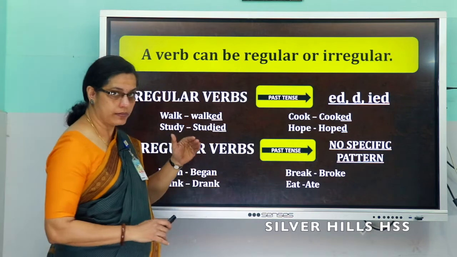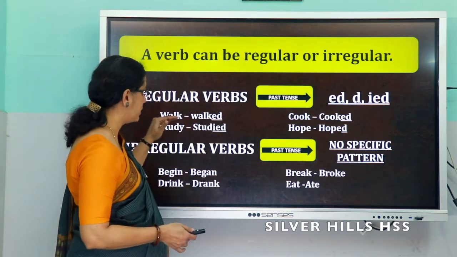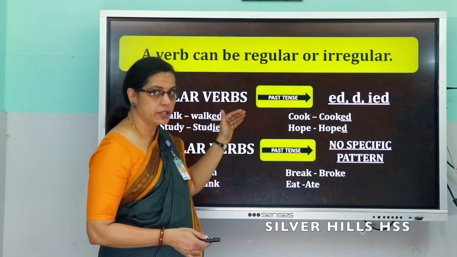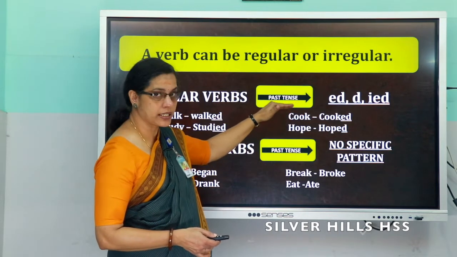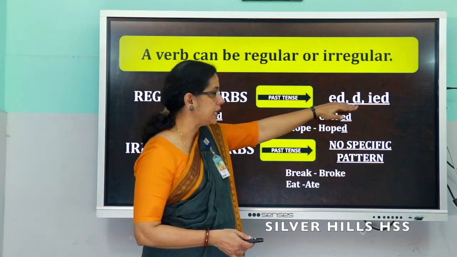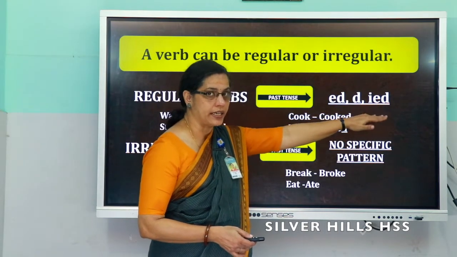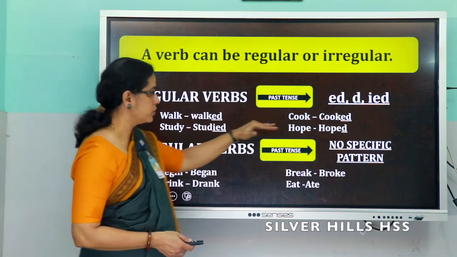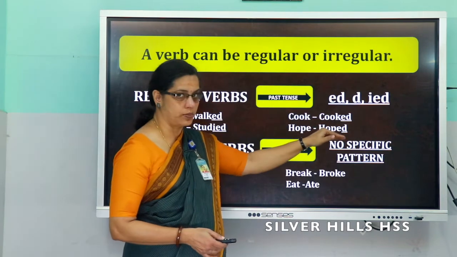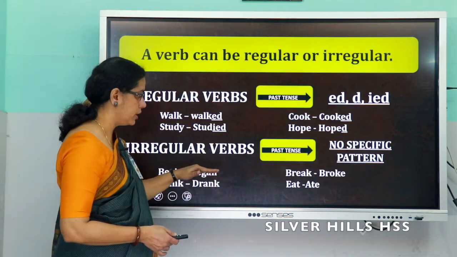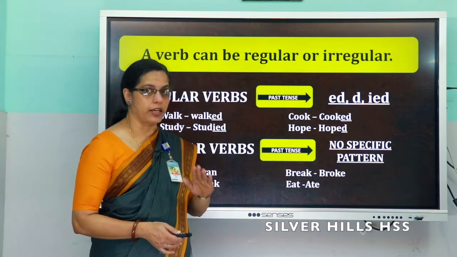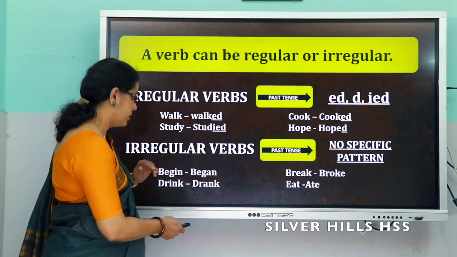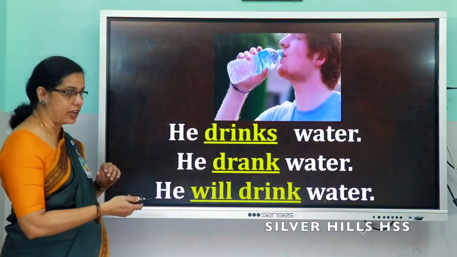Again, just for you to remember, regular verbs, when changed into past tense, we just add ed, d or ied. Now, walk, walked. Study, studied. Cook, cooked. Hope, hoped. For irregular verbs, there is no specific pattern.